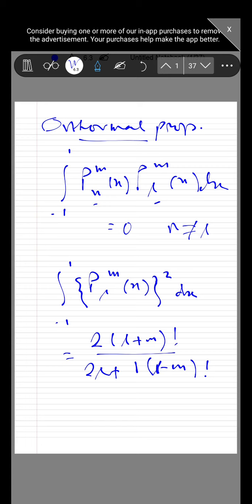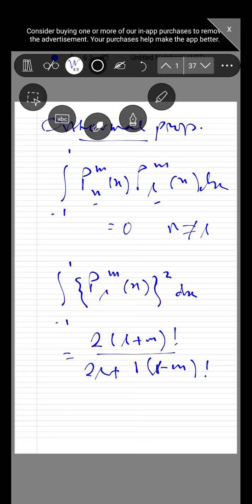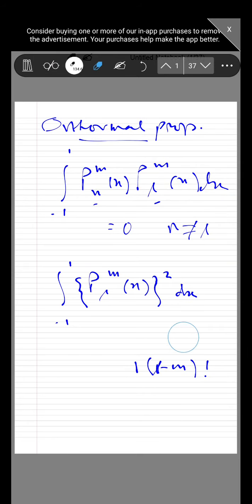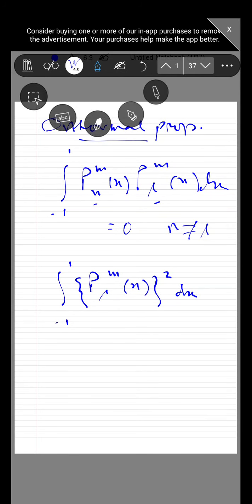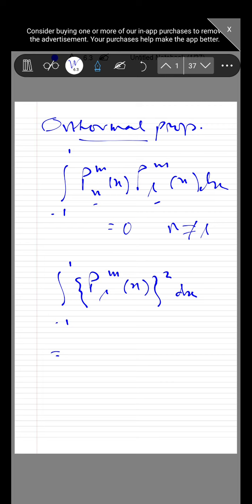So let's write it in a different form. It is equal to 2 by (2l plus 1) into (l plus m) factorial divided by (l minus m) factorial. So this is all about associated Legendre polynomials or functions.